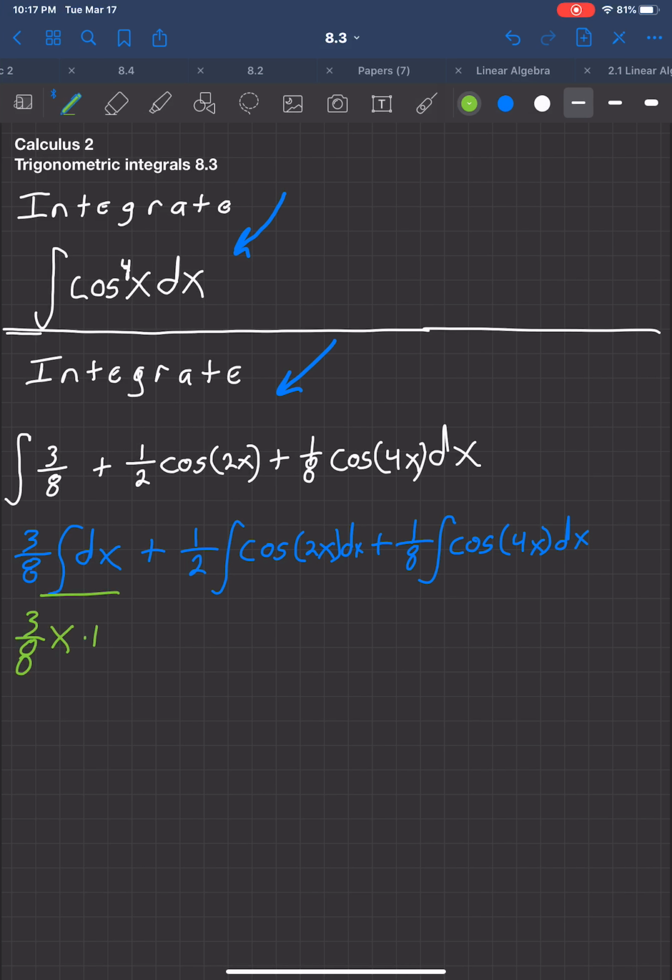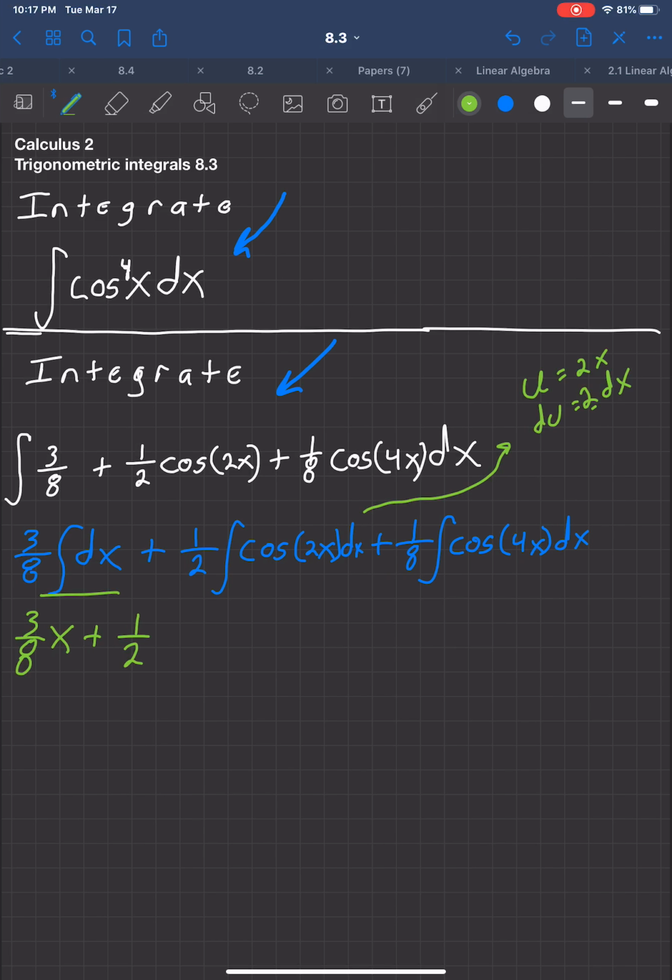Now plus, we have a 1/2 attached here. And now let's think about how we would integrate cosine of 2x. Well, hopefully you're already thinking that's just simple u substitution. We let u be 2x, du would be 2 dx. This should be old hat for everyone in this class.